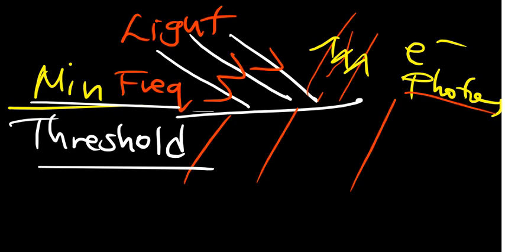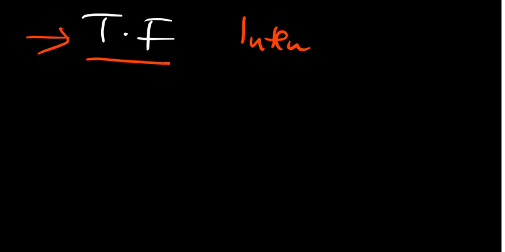What are some of the points that we had noted? Let's say the light has met the threshold frequency, with a frequency greater than the threshold frequency. What happens when we increase the intensity of light in such a case?